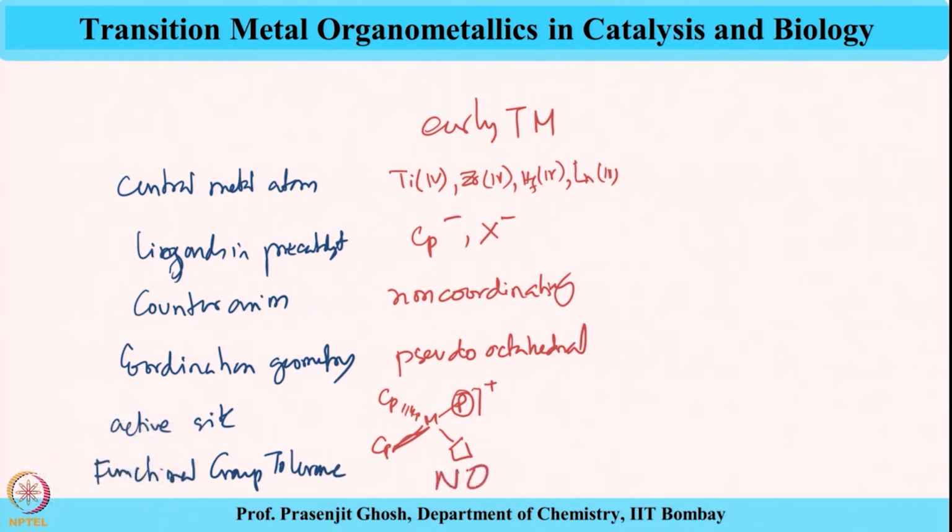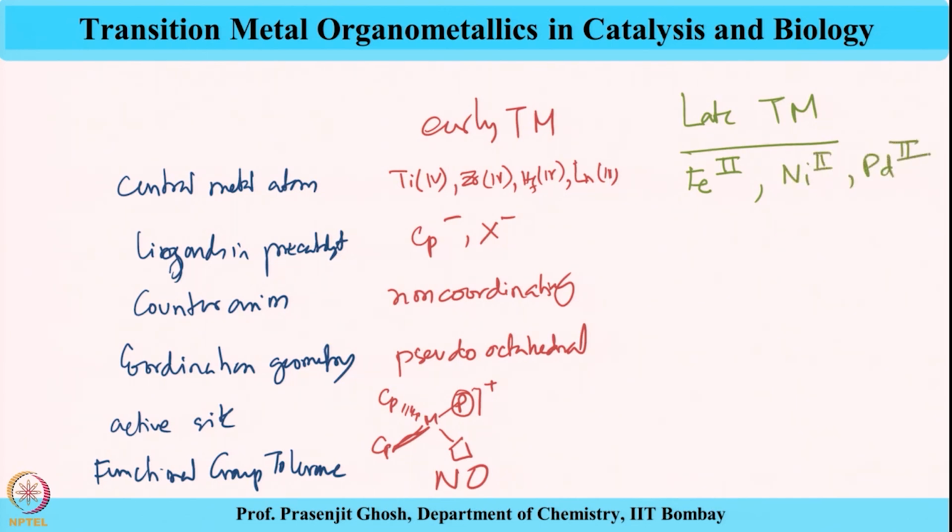And what we saw is that as we evolved from early transition metal to late transition metal in the course of catalyst development, the metals which really did well are iron 2, nickel 2 and palladium 2.